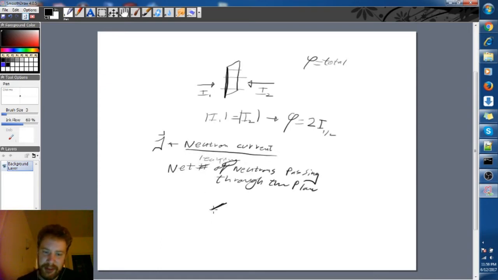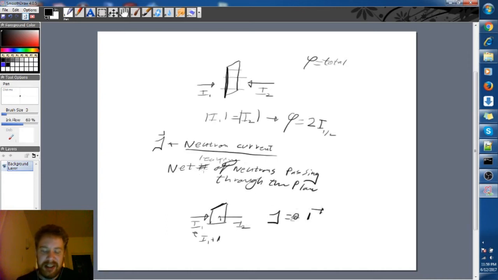If I were to have this unit plane again, and I were to have my beam 1 and my other beam here, and they're of equal magnitude, then J equals 0. Okay? But if this is I1 plus 1 more neutron per centimeter squared second, then this is just going to be one traveling in that direction.